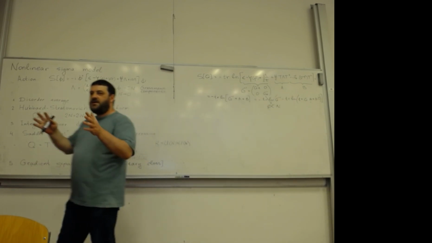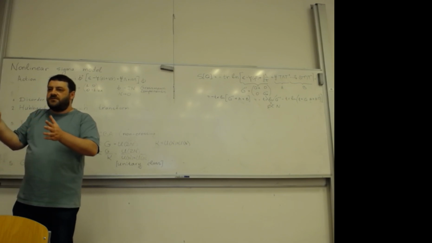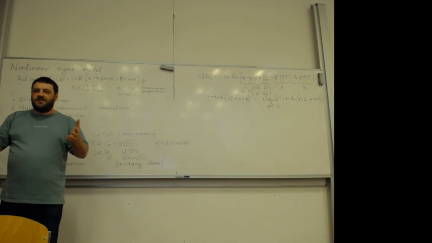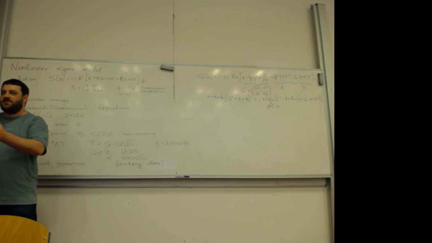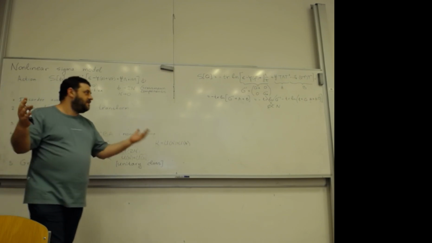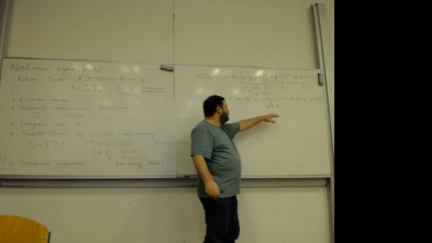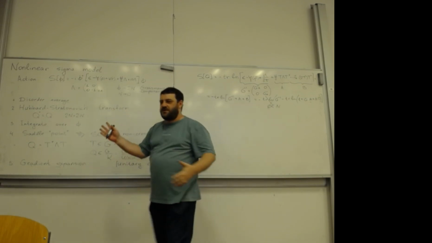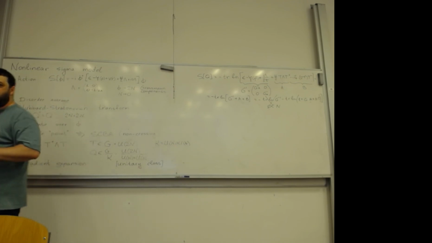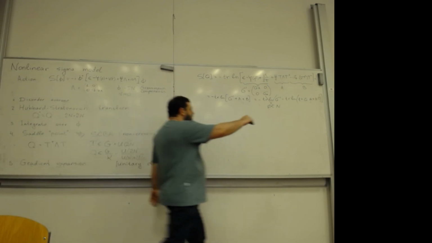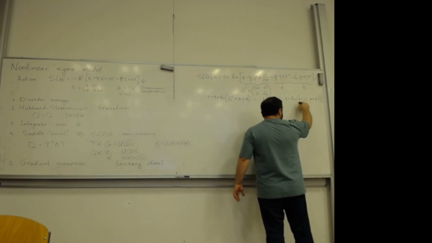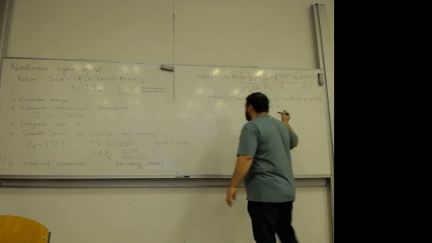It's a constant which is added to your action. We all know from classical mechanics that if you add a constant to the action, nothing changes. All the equations of motion are the same, and moreover, this constant is 0 in the replica limit, so it's completely irrelevant. And we need to expand this logarithm of 1 plus something small.